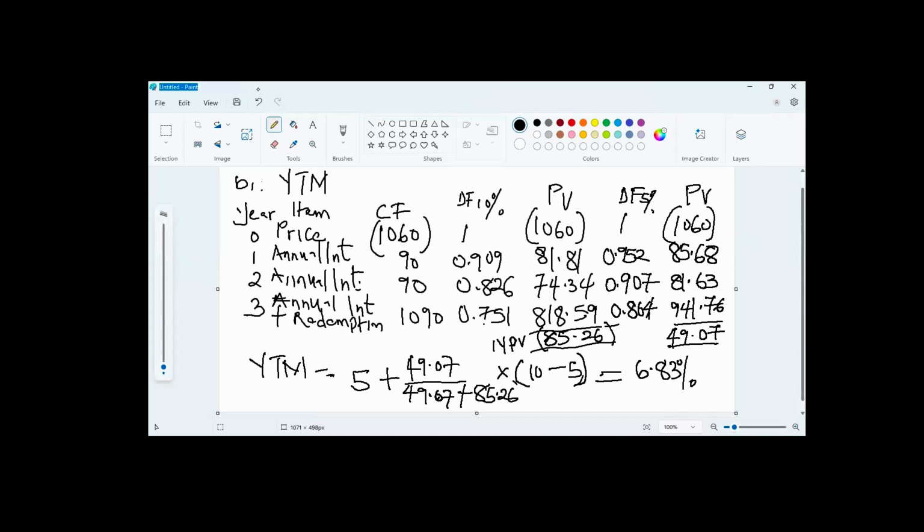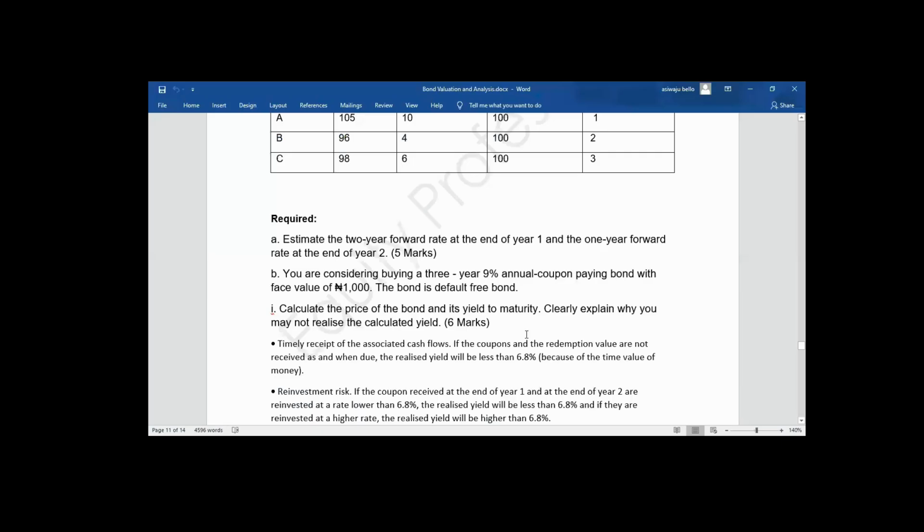We have gotten the YTM. The yield to maturity of a bond is the internal rate of return of the cash flows associated with the bond. We have done that. So we have calculated the price of the bond and its yield to maturity.